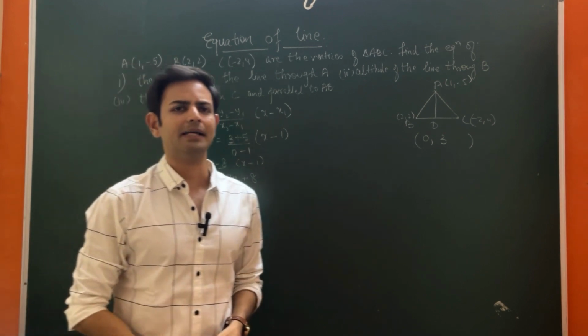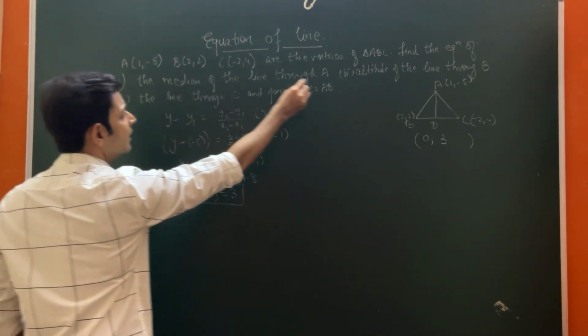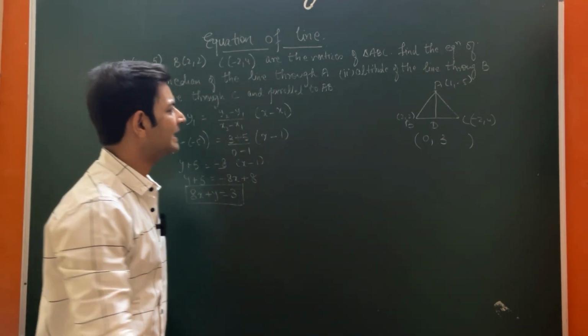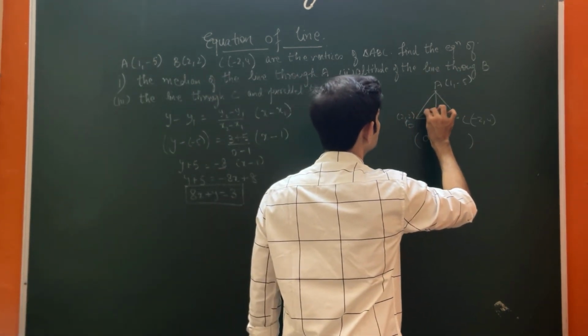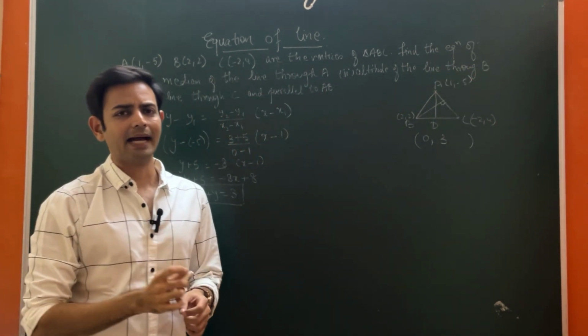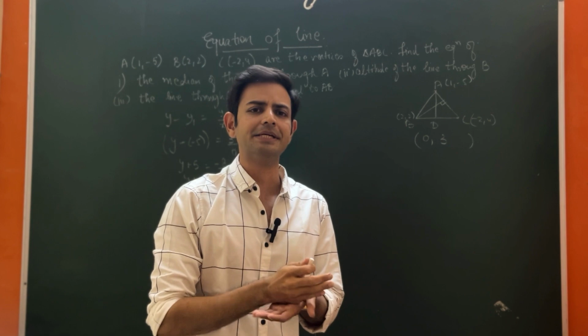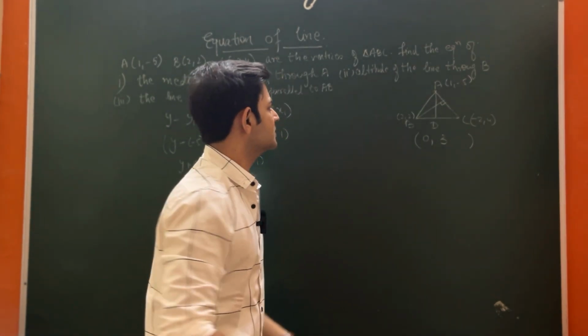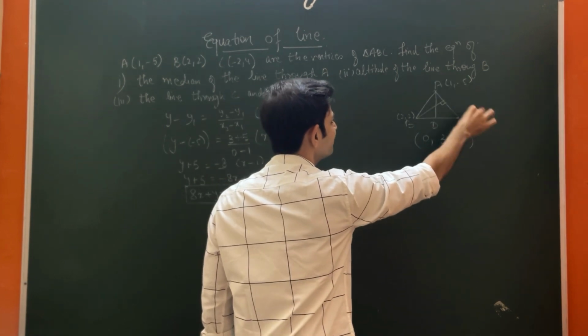The second subpart is altitude of the line through B. So altitude of the line through B, this is perpendicular. We learned that the condition of perpendicularity is m1 into m2 is equal to minus 1. So for that we need the slope of AC.